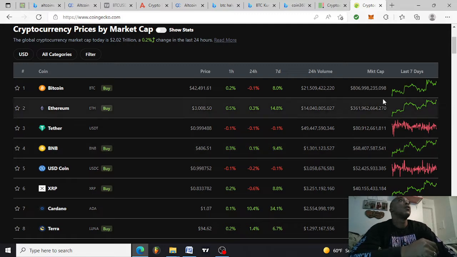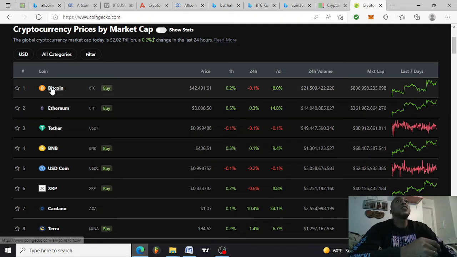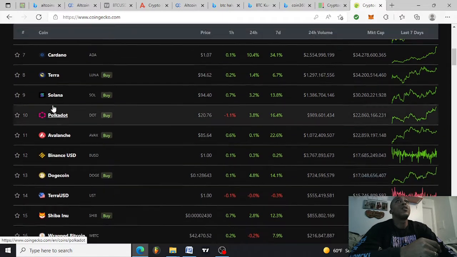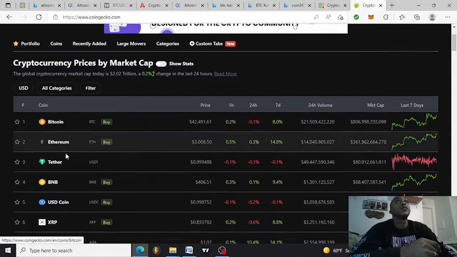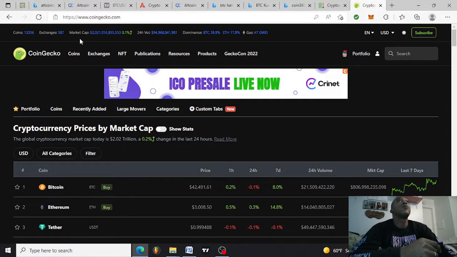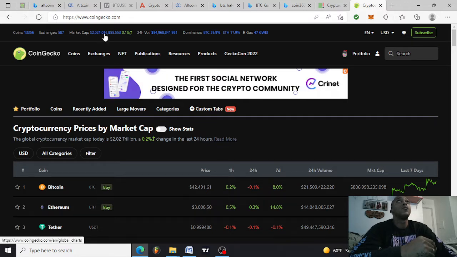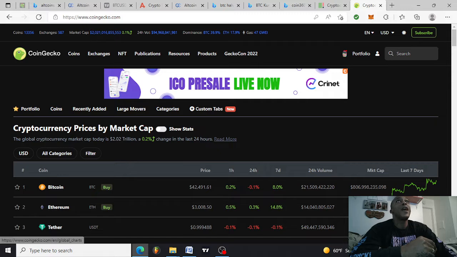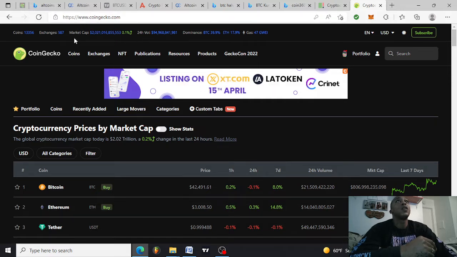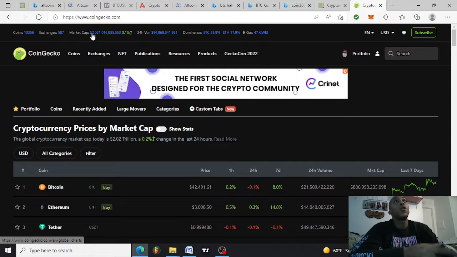So as you can see, it's tracking all these different coins, mainly Bitcoin first. What's the market cap? We're currently sitting at a $2 trillion market cap. This is how much value is held in the crypto space in this whole wide world. It's only $2 trillion.